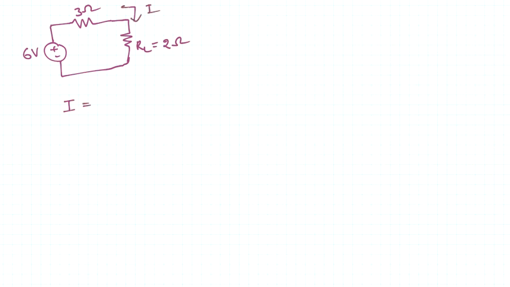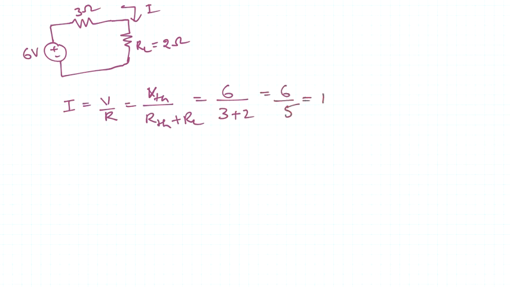I is equal to V by R formula. So here it is V Thevenin by (R Thevenin plus RL). So that is equal to 6 by (3 plus 2), that is 6 by 5. So what will be the current? 1.2 amperes. This is the final answer we can get. Thank you.